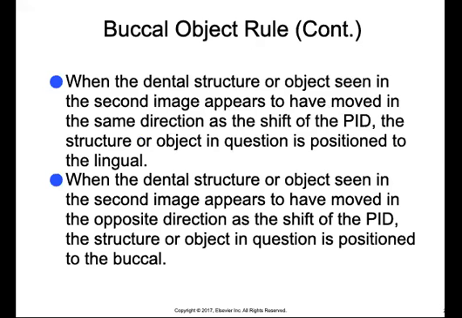So when the dental structure or object seen in the second image appears to have moved in the same direction as the shift of the PID, the structure or object in question is positioned to the lingual. For example, if the horizontal angulation is changed by shifting the PID mesially and the object in question moves mesially on the image, the object lies to the lingual.